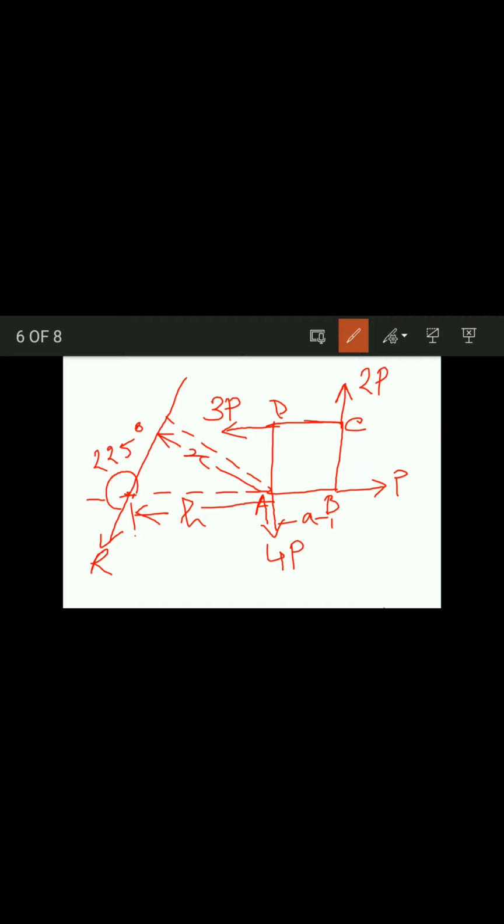Now, taking moment about A and equating the same means taking moment of the resultant force about A, and equating that as per our step 2, which we already discussed, that the moment of the resultant force will equate with the algebraic sum of the moments of the forces whose resultant is calculated.